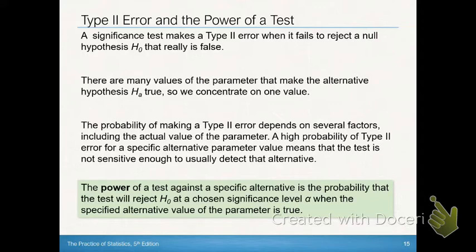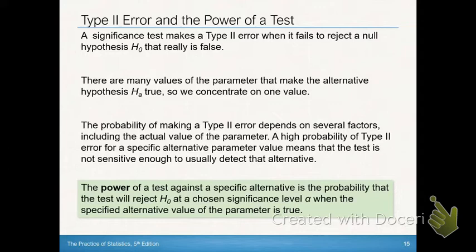And now we also have something called power. Power is how likely it is that you reject the null for one specific alternative value being true. Usually our alternative hypothesis has a whole bunch of values. It either has a less than sign, a greater than sign, or a not equal to sign.